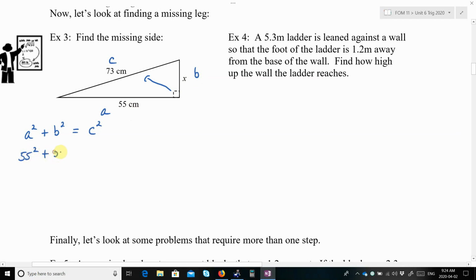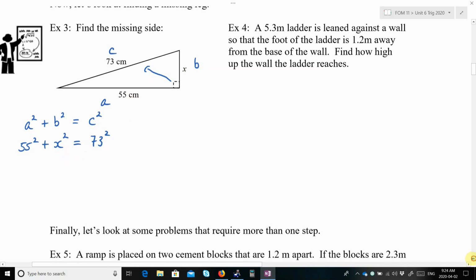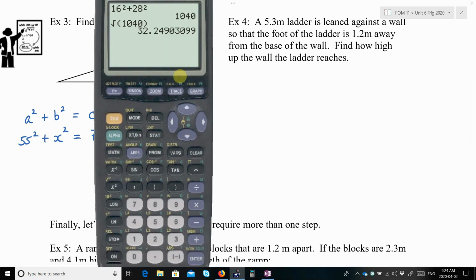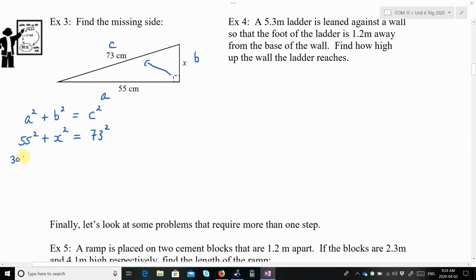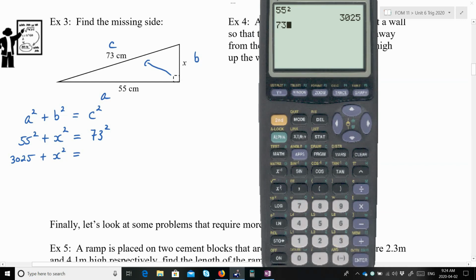B, they've called x, so we could write x squared. And c is 73, and we have to solve this little equation. So let's first of all work out some of our numbers. We have 55 squared, and that is 3025. Plus x squared equals, and then we have 73 squared, which is 5329.